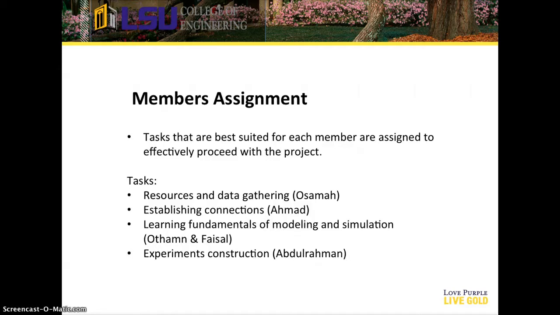Constructing experiments. Osama will be responsible for finding relevant resources, and Ahmed will gather data from several connections, whereas Othman and I will be familiarized with the simulation software. And lastly, Abdurrahman will be the one who will construct experiments. In addition, Ahmed will help Osama and Abdurrahman with completing their tasks if needed.